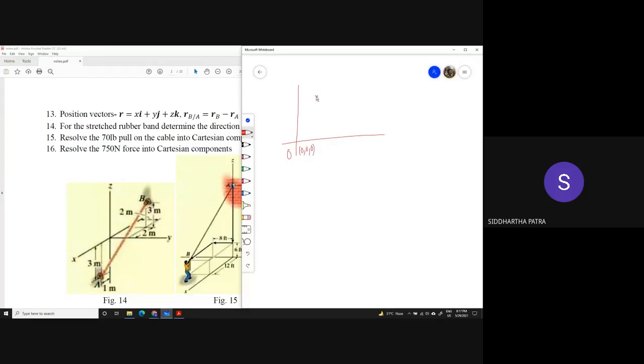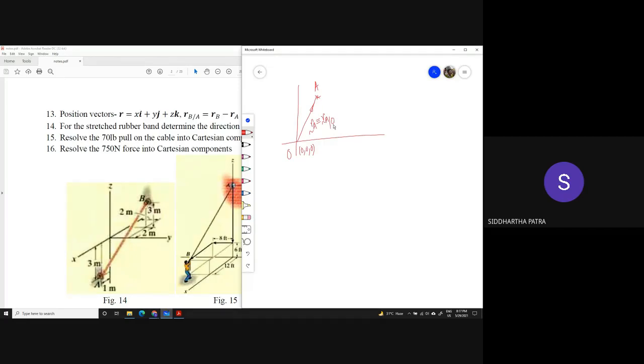Now let's say there is another point A over here, and then r_A, or equivalently r of A with respect to O. Because it is with respect to the origin, you might drop the second subscript.